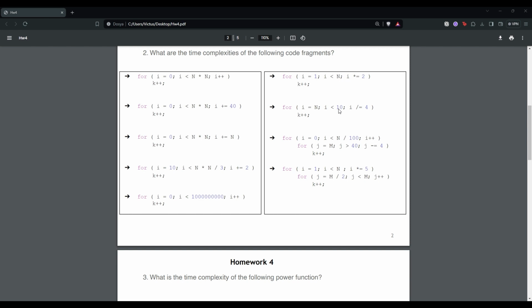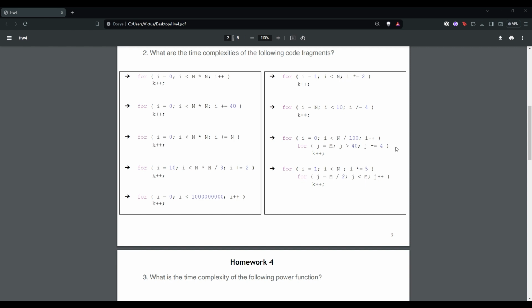Therefore, the time complexity is O(log n). And this one: this loop iterates a constant number of times, log n divided by log 4, which simplifies to a constant. Therefore, the time complexity is O(1).